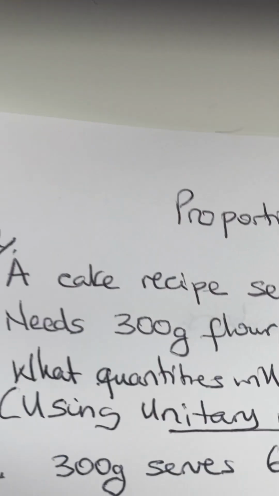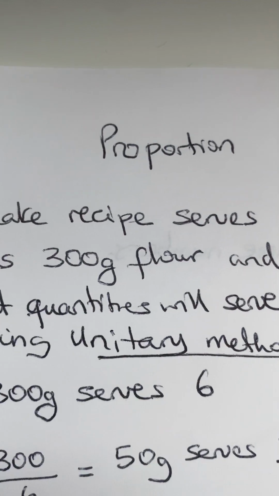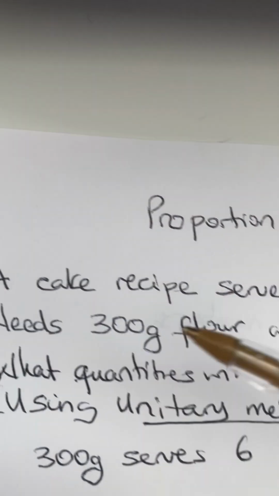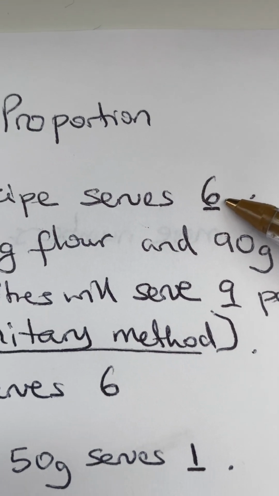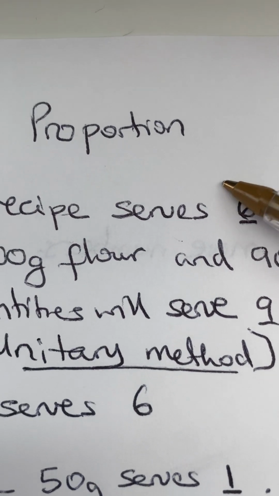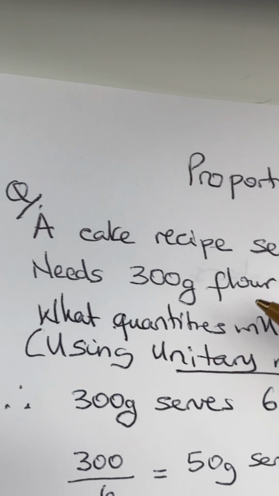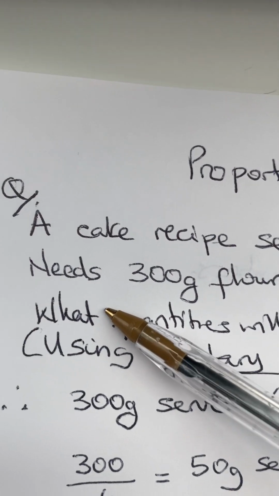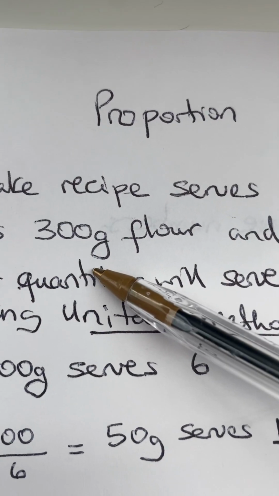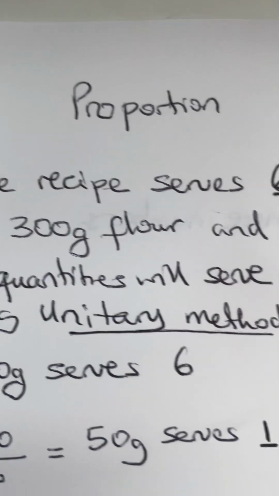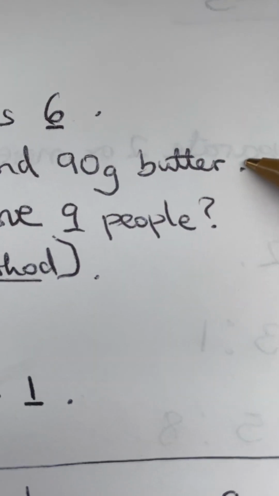Okay, so let's start. A cake recipe serves 6, and the recipe is 300 grams flour, 90 grams butter.